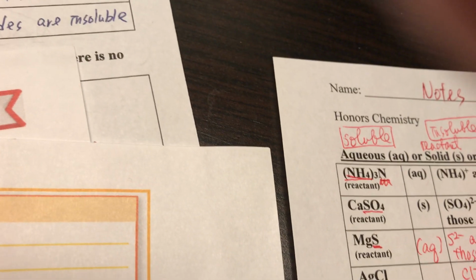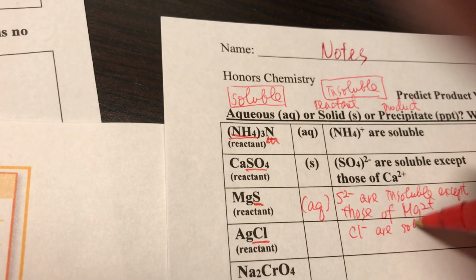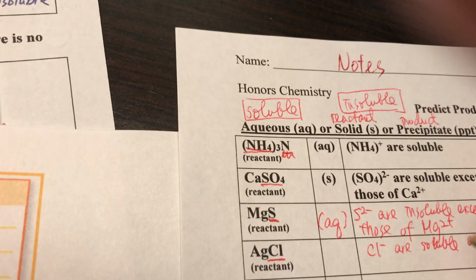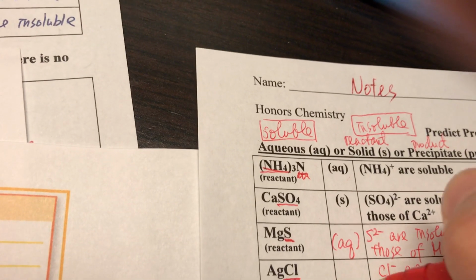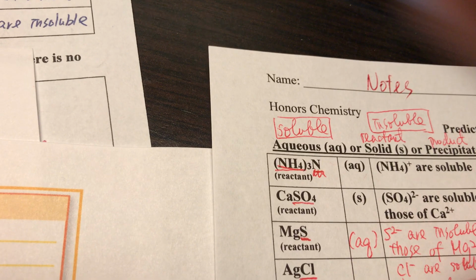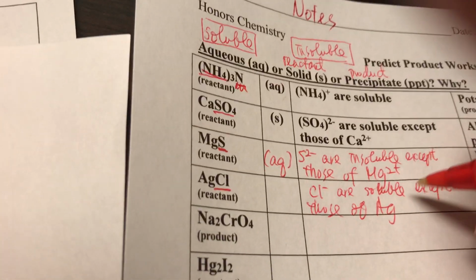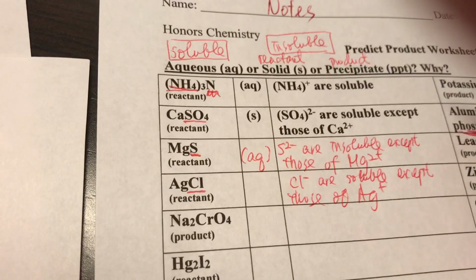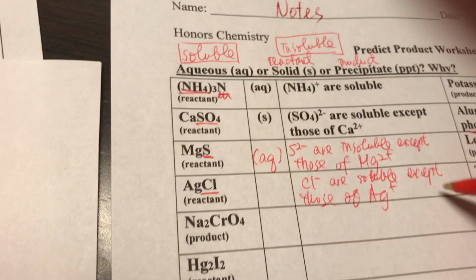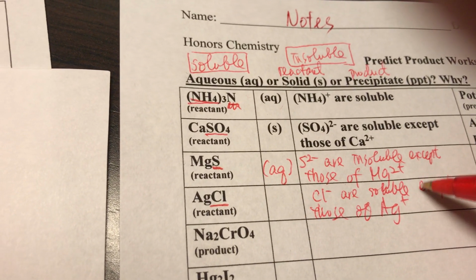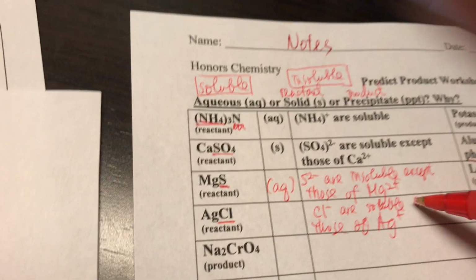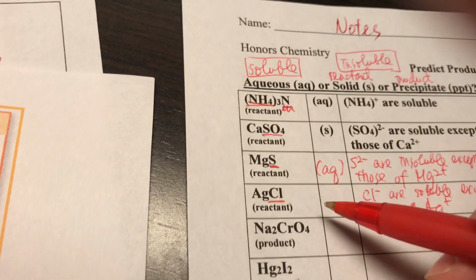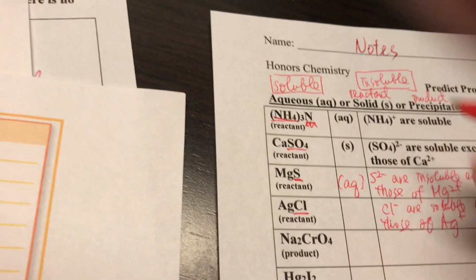So Cl minus are soluble except those of Ag plus. It means chlorides are usually soluble except when I have Ag. That means it is insoluble. It is a reactant, meaning the reaction hasn't started yet, so it must be a solid.